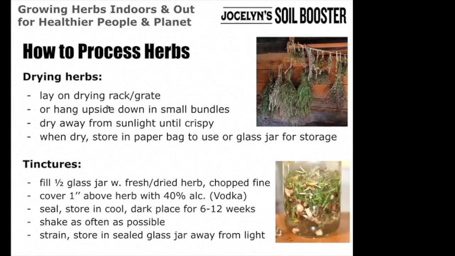So if you're going to be using it within the next few weeks, then you can put it into a paper bag, so that if there is any moisture still, it can still air out and dry out and won't get moldy. Otherwise, if you're sure that it's completely dry, you can put it into glass and seal it with a lid to store, if you're not going to be using it for another few months or so.